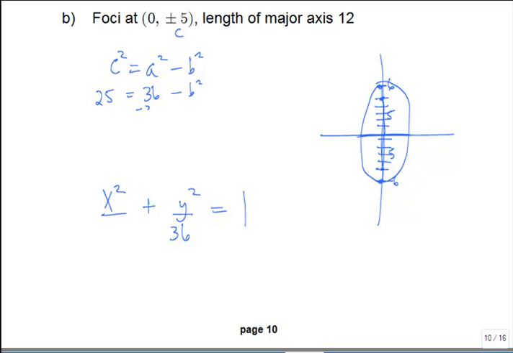When I subtract 36 over to the other side, that gives me negative 11 equals negative b squared. So b squared equals positive 11, and it's that square that goes under our x squared. Just for a side benefit, that implies that b itself is the square root of 11. So that means I'm going over square root of 11 to the right and square root of 11 to the left.